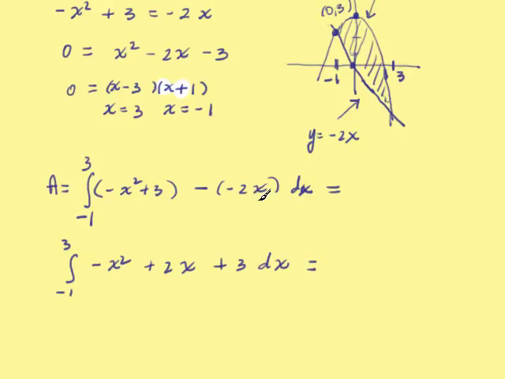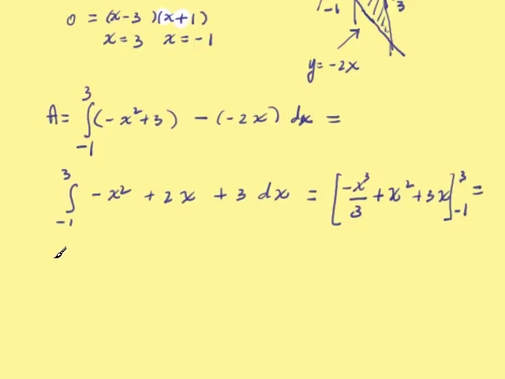All right, okay, so now let's apply the power rule, and we have minus x cubed over 3 plus 2x squared over 2, that's x squared, plus 3x, and we're integrating between minus 1 and 3. Okay, let's substitute in 3, and we have minus 27 over 3.